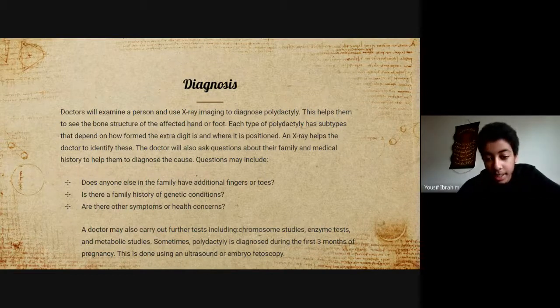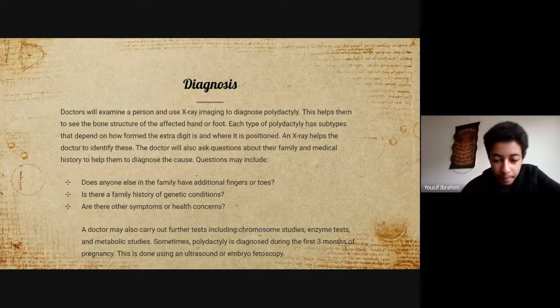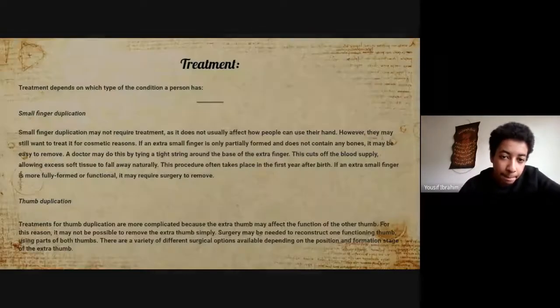Is there a family history of these genetic conditions, and are there symptoms or health concerns? The doctor may carry out further tests, including chromosome studies, enzyme tests, and metabolic studies, and sometimes polydactyly is diagnosed during the first 3 months of pregnancy. This is done using an ultrasound or an embryo fetoscopy.